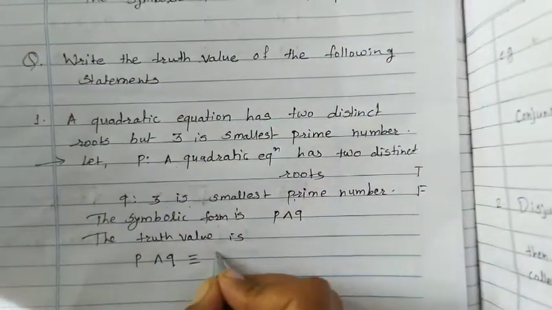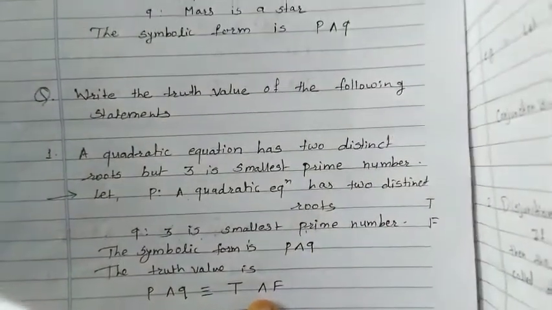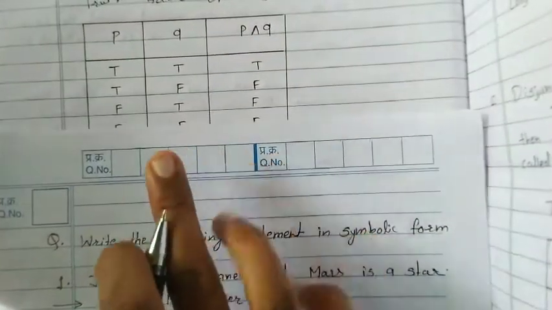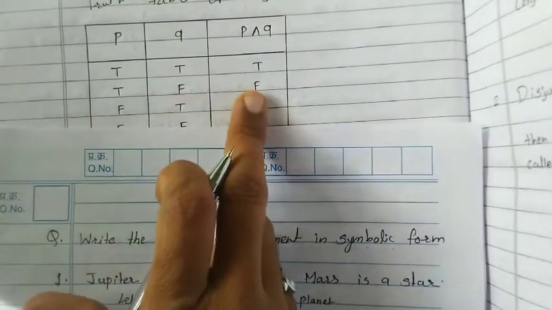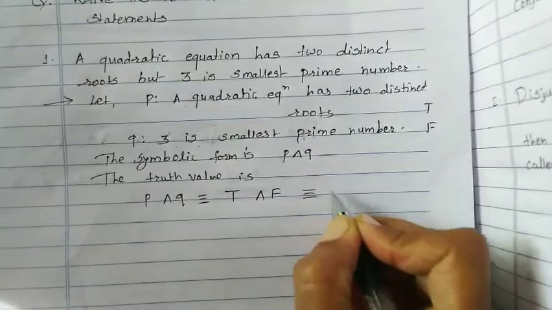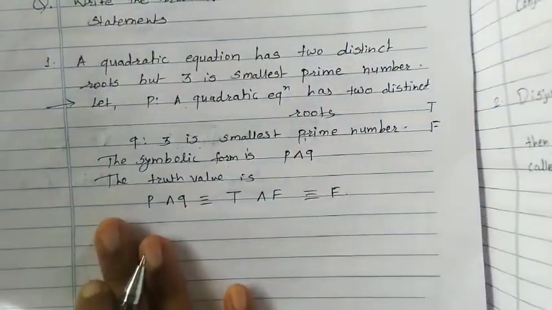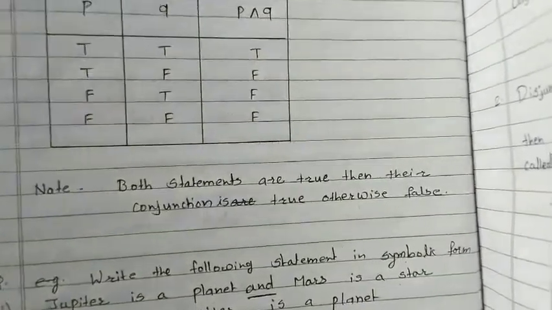So we write here true and false. Now we check this condition in our table. Look here. First statement is true, second is false, so our final answer is false. A similar question is given in exercise 1.2, you should solve it.